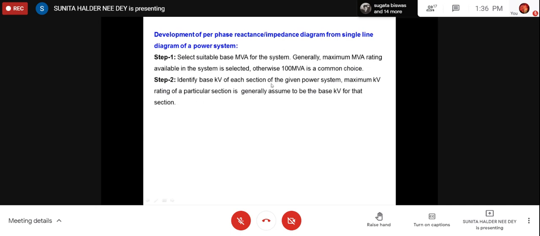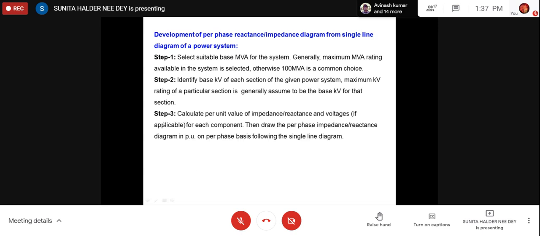So identify the base kV of each section of the given power system. The maximum kV rating of the particular section is generally assumed to be the base kV for that section, because we cannot make anything rigid. You can do anything because it is a ratio, nothing more than that.